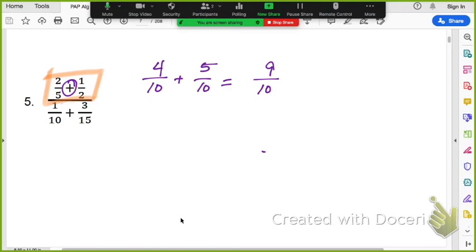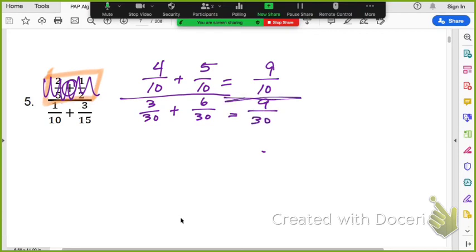Now I am concerned with the bottom, and I'm only looking at the bottom, not the top. So if I ignore the top now, and I find a common denominator for the bottom, what would that be? 30. So 3 over 30 plus 6 over 30, which gives me 9 over 30.